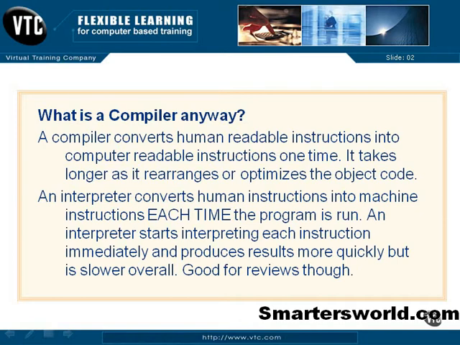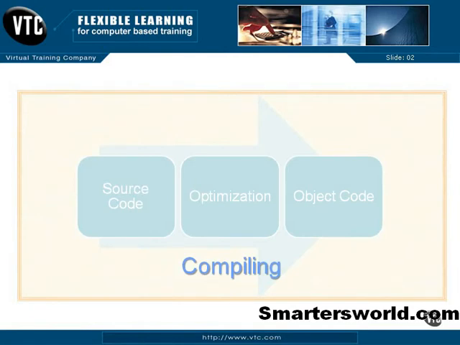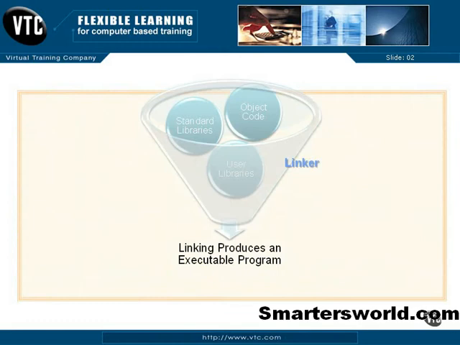Just what is a compiler anyway? A compiler is a program that converts human-readable instructions into computer-readable instructions one time. A compiler takes longer generally because it rearranges or compiles or optimizes what is then called object code. We're going to learn how to write a lot of different instructions and statements and functions and things like that.